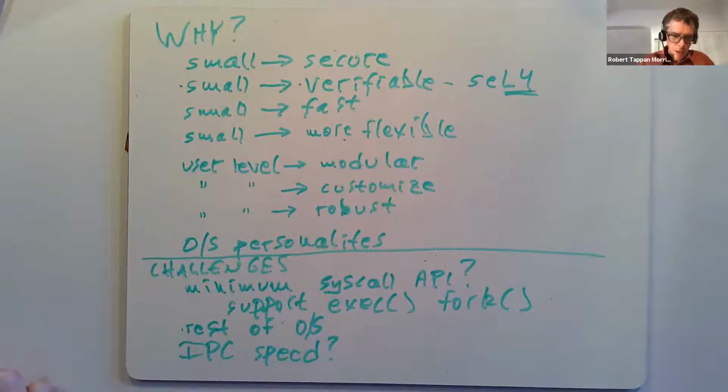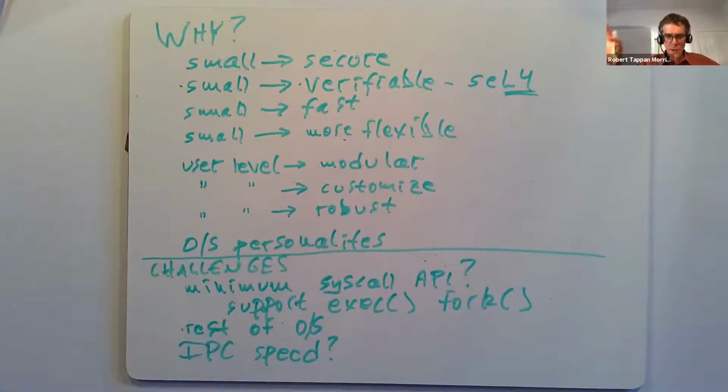And just in general, not just IPC speed, there's a lot of reason to believe that monolithic kernels derive some performance from the fact that they're integrated, that the file system code can talk to the virtual memory code and the memory allocation code, and it's all one big happy giant program.